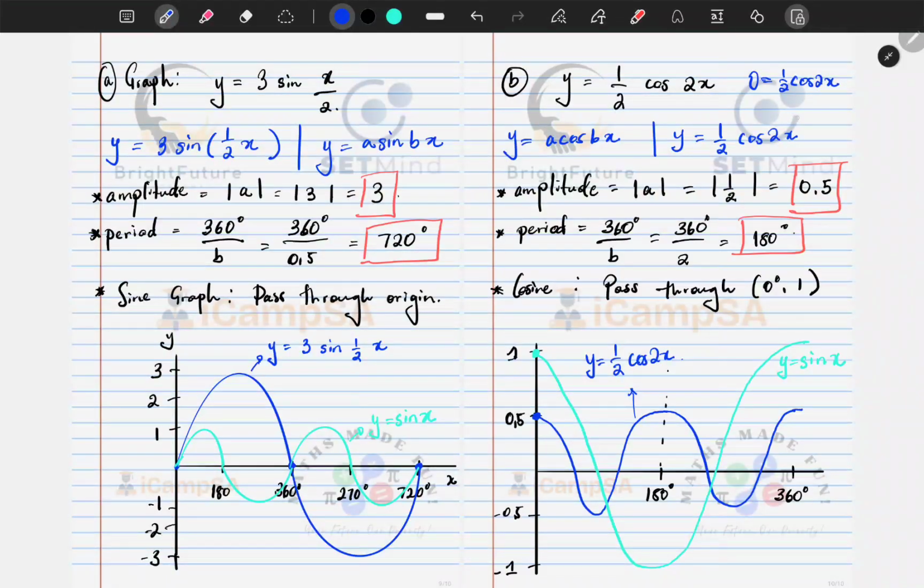However, the 1 over 2 is just going to cancel, so you will have to do calculations there. So it's gonna pass through 90 degrees, because the inverse cos of 0 is 90. So this is gonna be your 90 degrees.